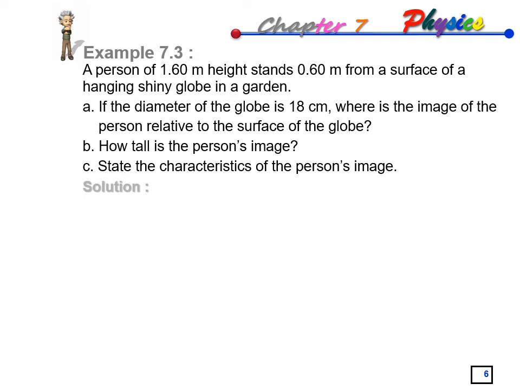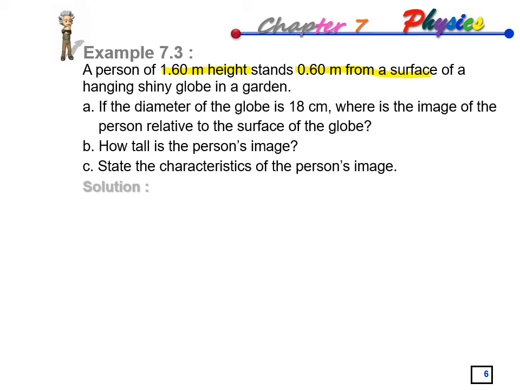Next, look into example 7.3. Here you have a person 1.6 meter in height, that means the height of the object, who stands 0.6 meter from the surface of a hanging shiny globe. So this 0.6 will be your object distance.